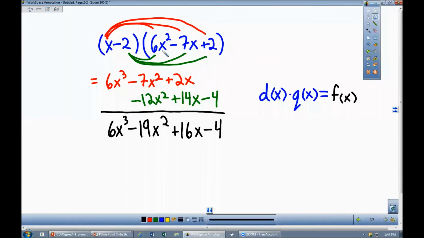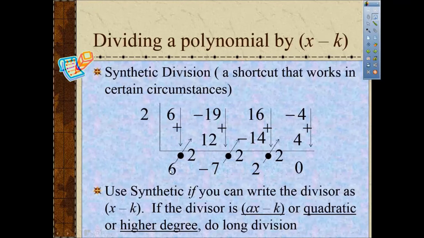Going back, 6x squared minus 7x plus 2. So I can take those numbers from my synthetic division and write the quotient as 6x squared minus 7x plus 2. This new quotient will always be 1 degree smaller than the original.